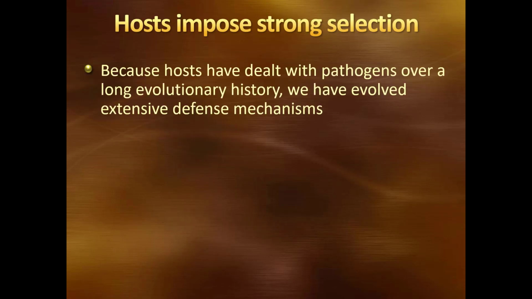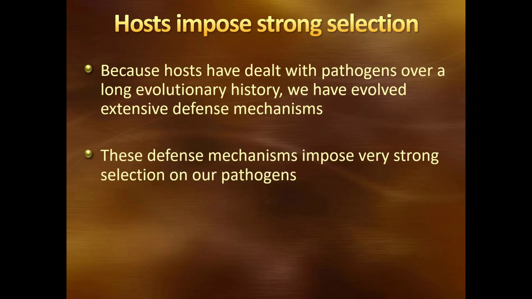One of the things we find, though, is that the hosts are actually going to impose selection on the pathogen, because the host will launch defense mechanisms against the pathogen, and that pathogen over a very long evolutionary history has been dealing with these defense mechanisms. We can think of our defense mechanisms as a selective agent. Pathogens evolve around these defense mechanisms because these defense mechanisms are selecting organisms that are able to do so.